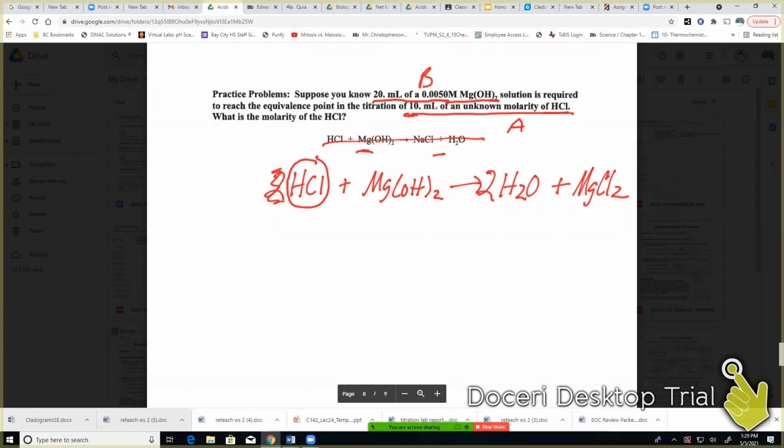So what I need to figure out is my Ma. We'll start our formula: Ma times Va, which here is 10 mL. Then my Na for my acid, hydrochloric acid. What would my N be? Just 1, right? Because I just have that 1 hydrogen.